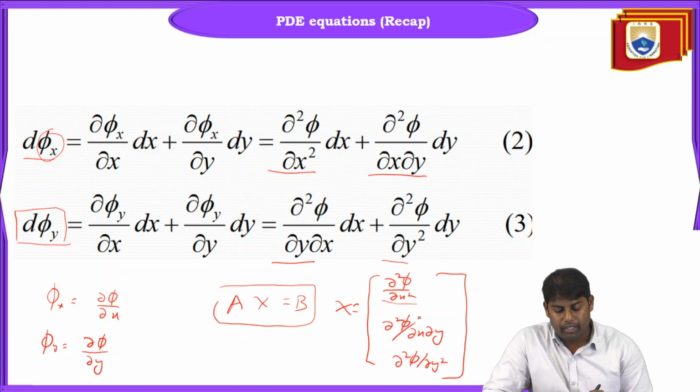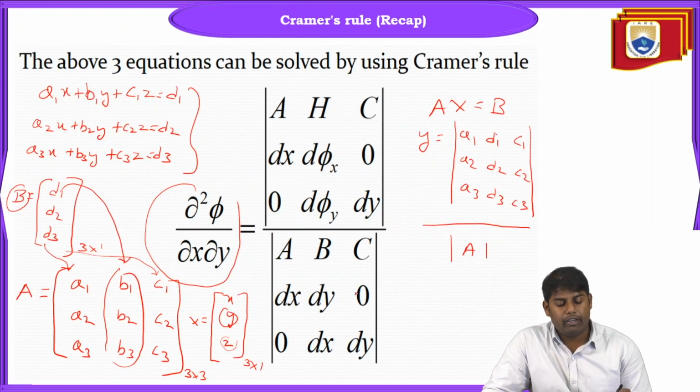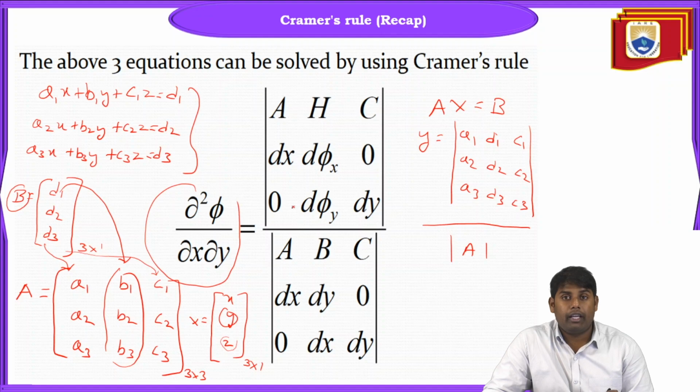Here we are finding the mixed derivative term. For the mixed derivative term, for the A matrix, we replace the second column with the B column vector. In the denominator, we can see a, b, c, which are the first equation coefficients, and dx, dy, 0, which are the second equation coefficients.